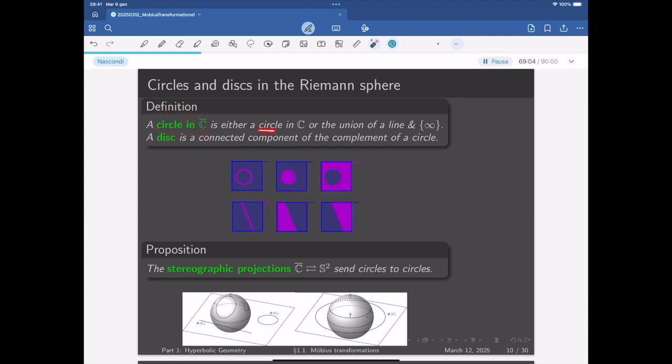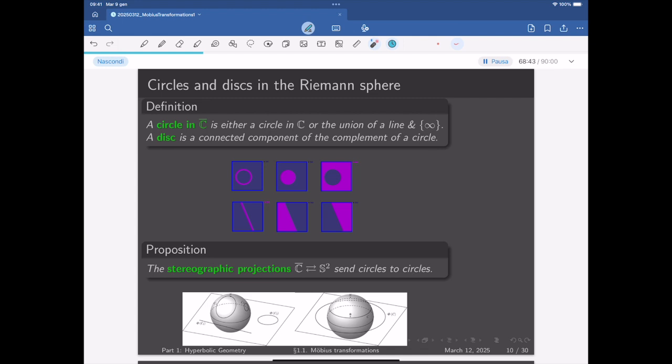It's either a Euclidean circle in the complex plane, or the union of a Euclidean line with infinity, thinking that somehow a straight Euclidean line passes through infinity. So I call it a circle.